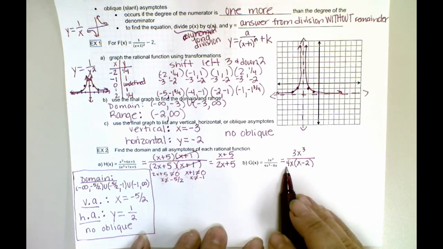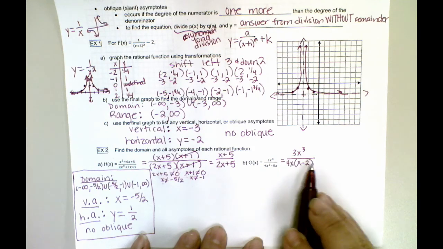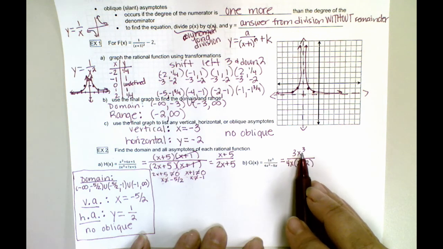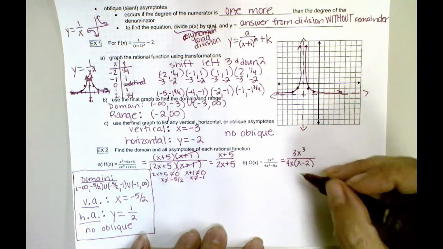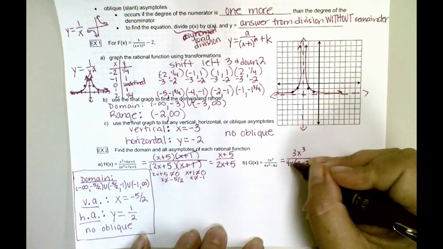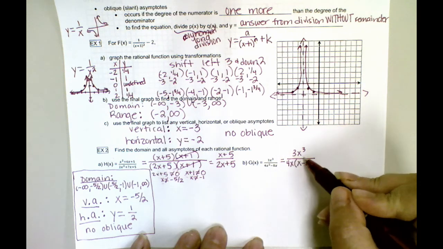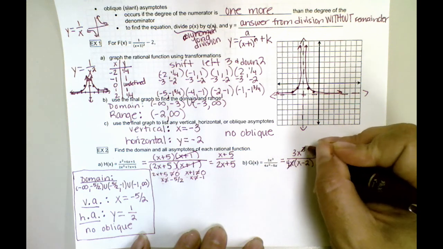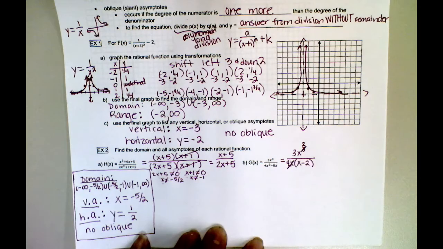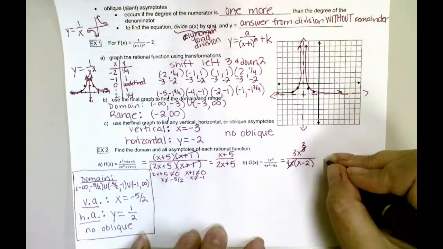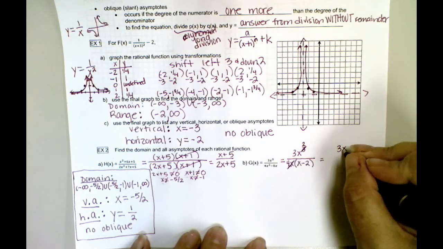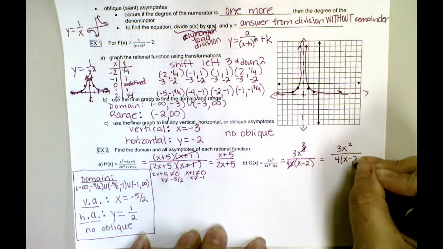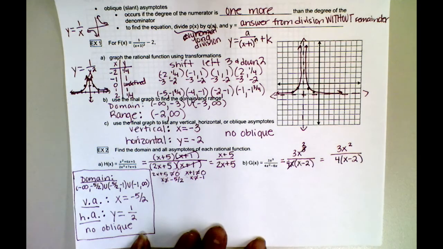However, this is 4 times x times the x minus 2. This is 3 times x times x times x. So this x is separated from everything by multiplication, and so are all 3 of these. So this x can cancel with one of the ones in the numerator. So instead of an x cubed in the numerator, I now have an x squared in the numerator. And that gives me this as my simplified function.